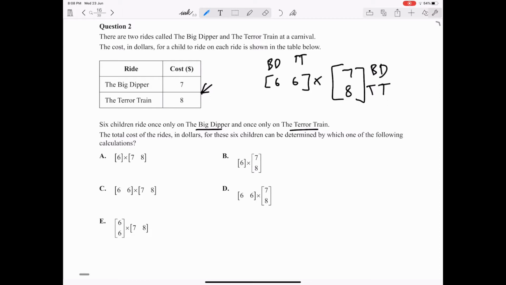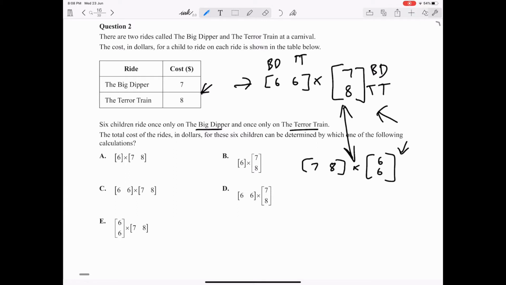It could also be expressed like this, 7, 8 multiplied by 6, 6, which would also give us the total cost for the rides of the 6 children. So either one of these matrix expressions would give us the total cost. And you notice that the total cost has to produce a 1-by-1 matrix, which both of these matrix expressions would.